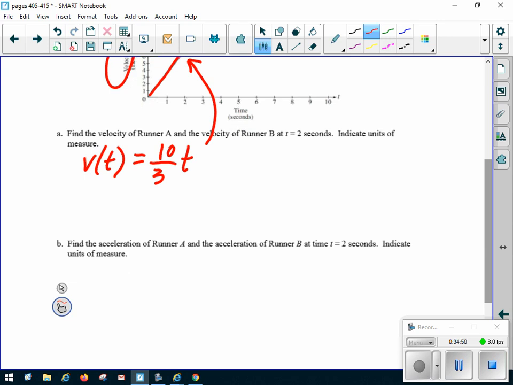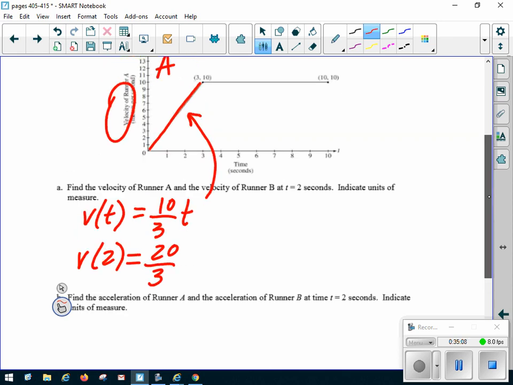Aha. So V of 2 is 10/3 times 2, or 20/3. What's my unit here? That would be meters per second.